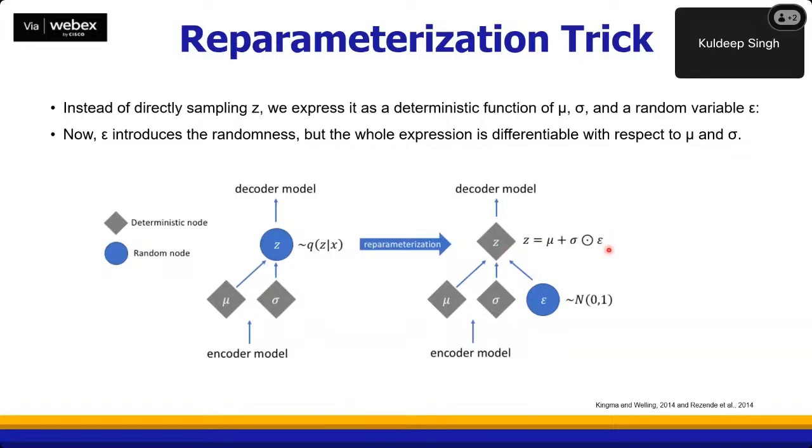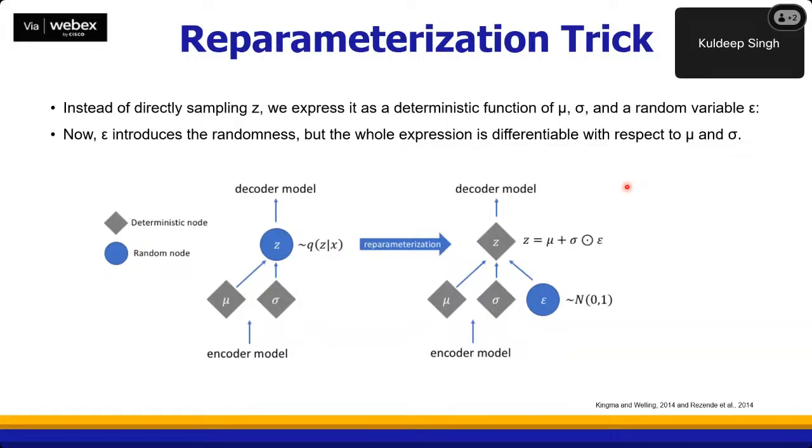So this eta is a random variable, and we are using this random variable which is sampled from a unit Gaussian. And with the introduction of this eta, the whole expression of this Z can be differentiable with respect to mu and sigma, the whole expression of the loss function.